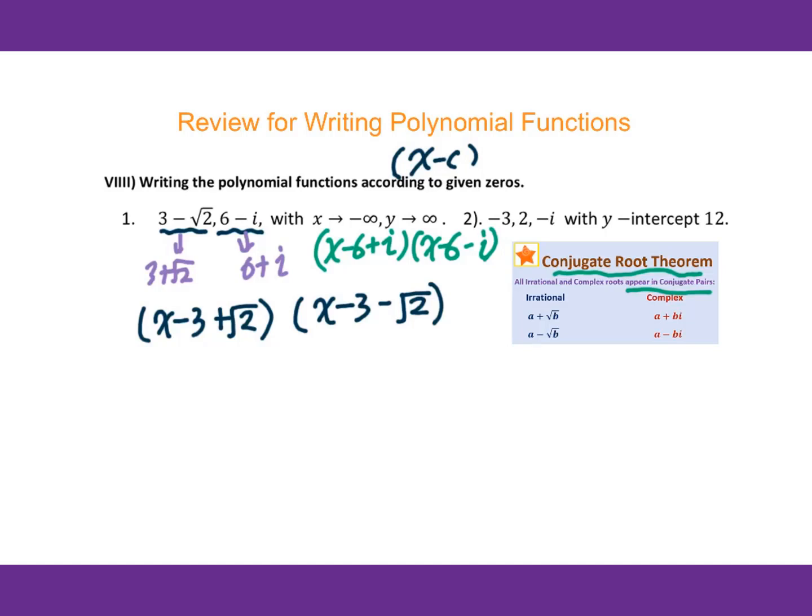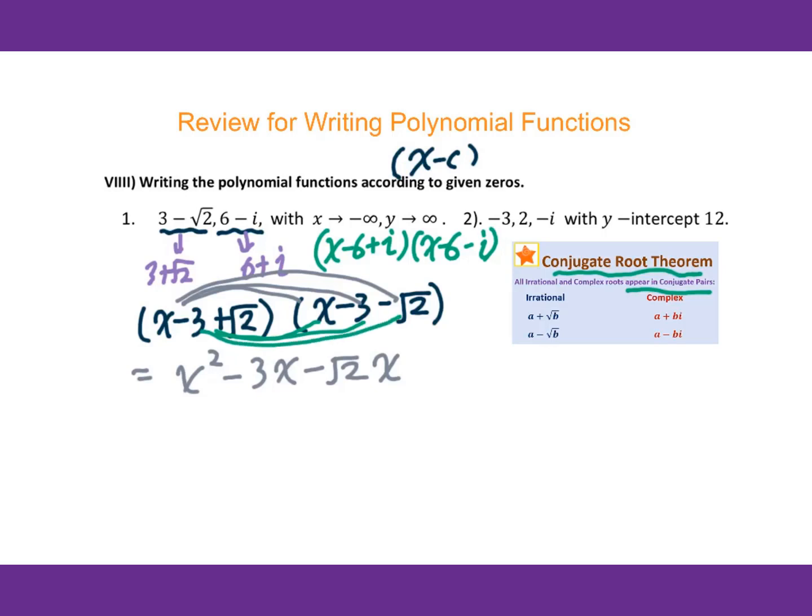We got to do FOIL first. Like this 3, we got x squared minus 3x minus square root of 2x. Then for this 3, we got negative 3x plus 9 plus 3 square root of 2.